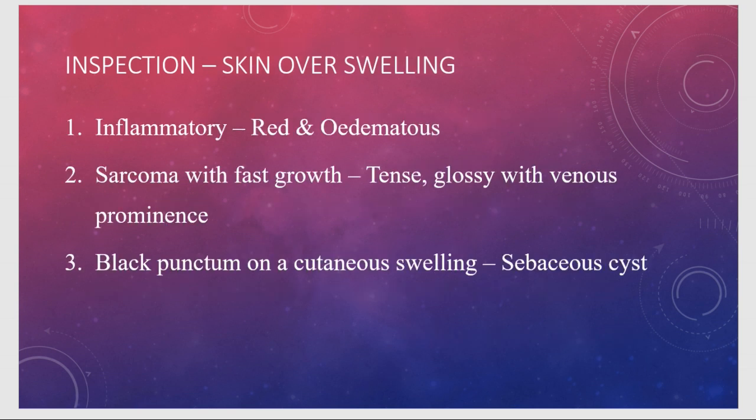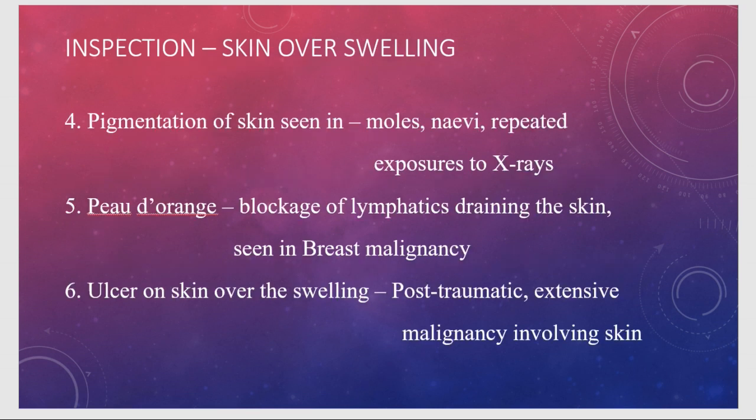So these were the important findings on inspection over a swelling: inflammatory, sarcoma, the black punctum that is sebaceous cyst, the various pigmentation of skin, pyoderange appearance in breast malignancy, ulcer on skin, which could be post-traumatic or involvement by an extensive malignancy, right?